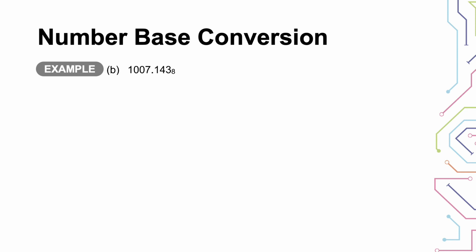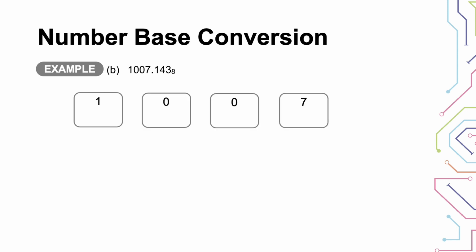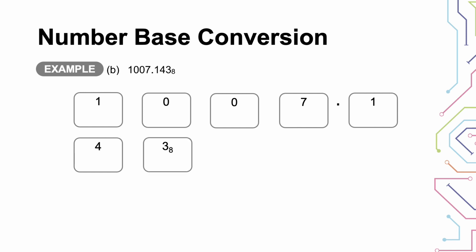So how about this example? We have here 1007.143. Next, what we will do is identify the weights. Coming from the decimal point going left, we have 0, 1, 2, and 3 as exponents. Then here are negative 1, negative 2, and negative 3.